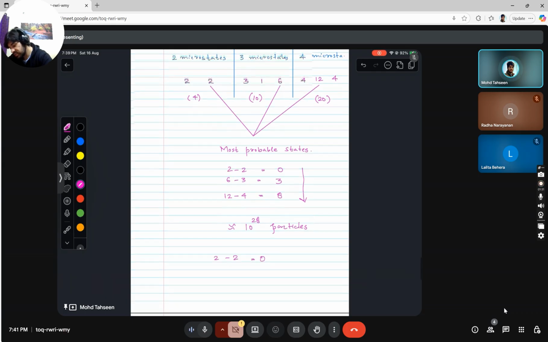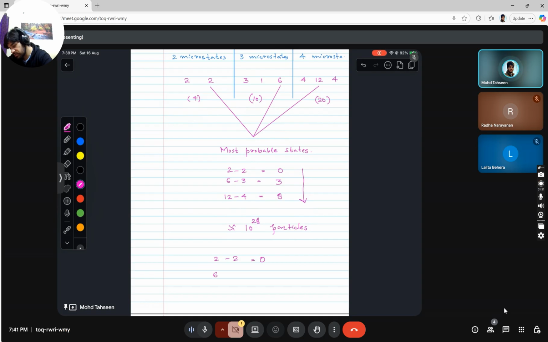In the 3 particle system it is 6 minus 3 plus 1, that is 2, right, 6 minus 4. And in the 4 particle system this is 12 minus 4 plus 4. Now we are combining all the other states and subtracting that from the most probable state.